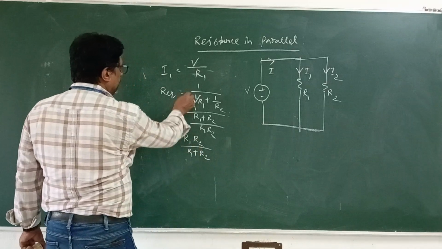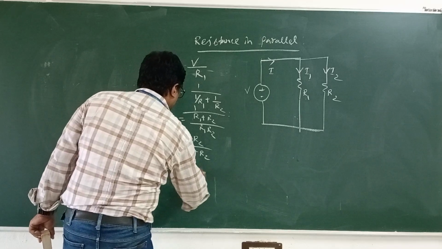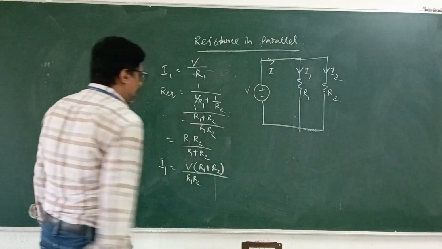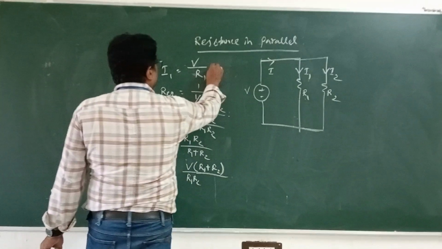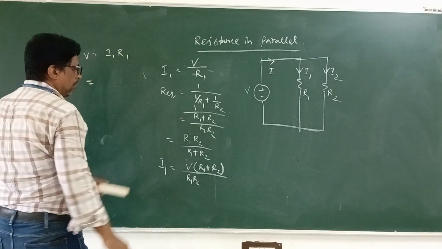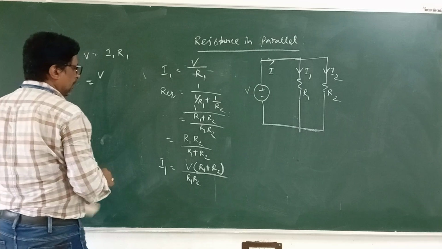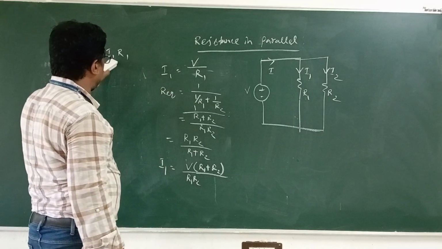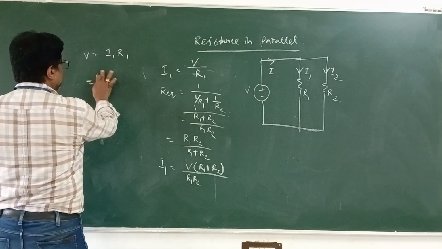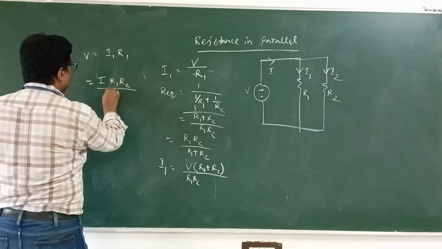Now I1 equals V by R1. If we consider V equal to I1 R1, then V equals the total current I into R equivalent, which equals I times R1 R2 divided by R1 plus R2.